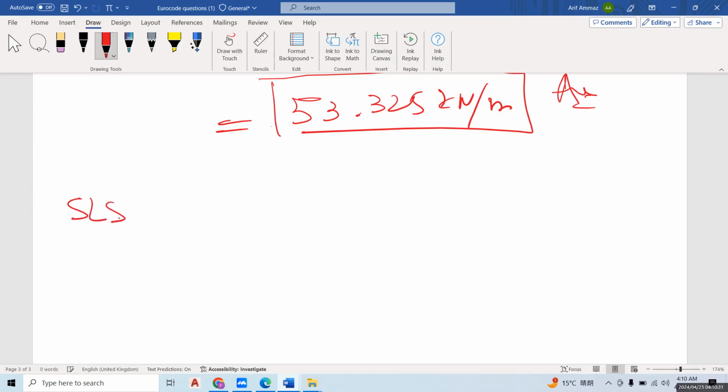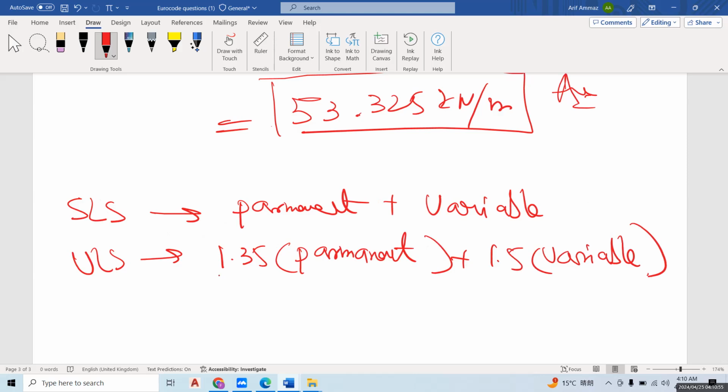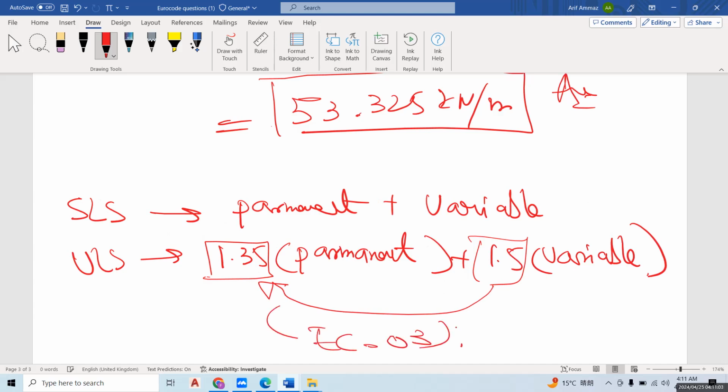If he says it is SLS, then you just add permanent plus variable. But if he says this is ULS condition, then you multiply 1.35 with permanent and 1.5 with variable. This is the table of factors that I took from Eurocode 3. Do you get it?